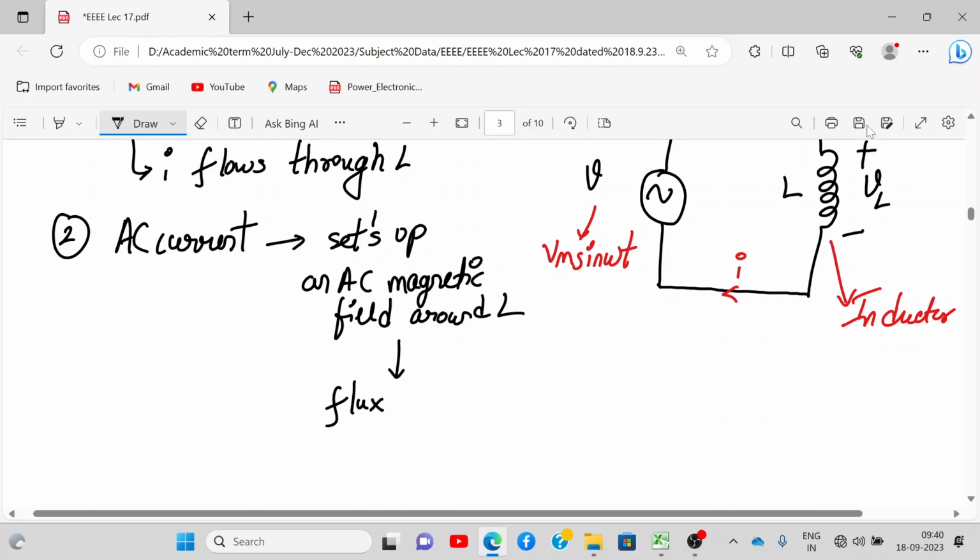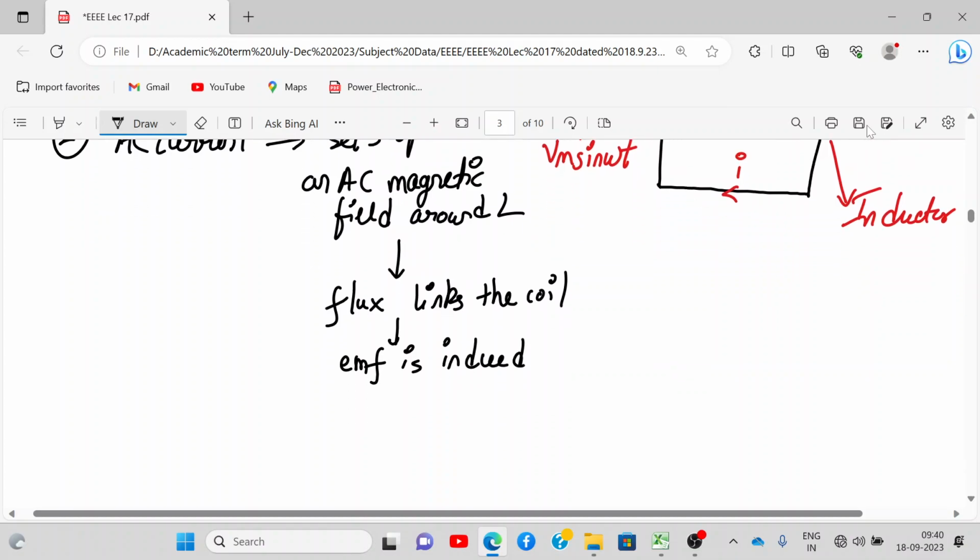Flux links the coil. Actually, an inductor is nothing but a coil only. And when that happens, an EMF is induced. This induced EMF is given by E is equal to L di by dt. Got it? We call it equation number 3.